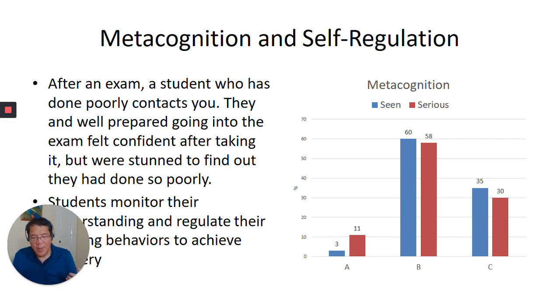You need to create a way of forcing them to pay attention to that feedback, to diagnose what they know and what they don't know. So you need to help them to understand what that feedback says. If you do poorly on this kind of activity, then you can't expect to do well on the exam. So you have to use that feedback to identify what you have mastered and what you need to pay more attention to.